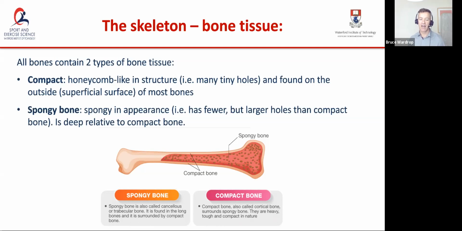And then inside your bone, you've got spongy bone, which is obviously not as hard as the compact bone. It's spongy in appearance, so it has larger holes, and it is found deep to compact bone. So compact bone is superficial, spongy bone is deep, found on the inside of the bone. So your bones aren't all uniform all the way through. There's 2 different types of bone tissue inside them.